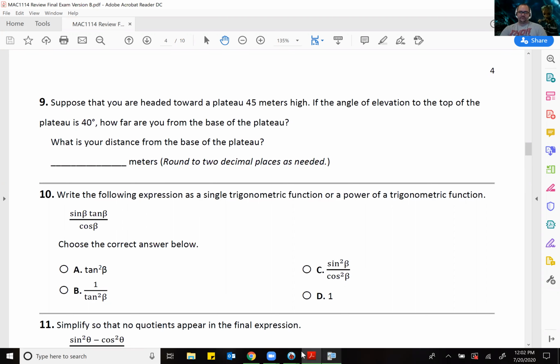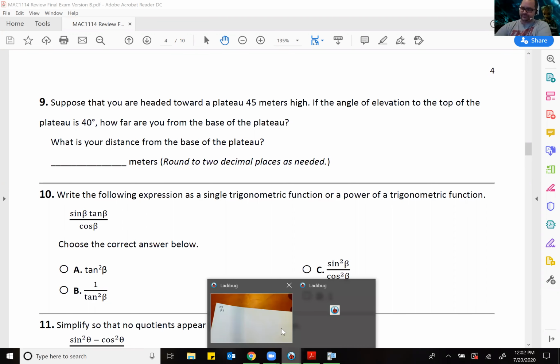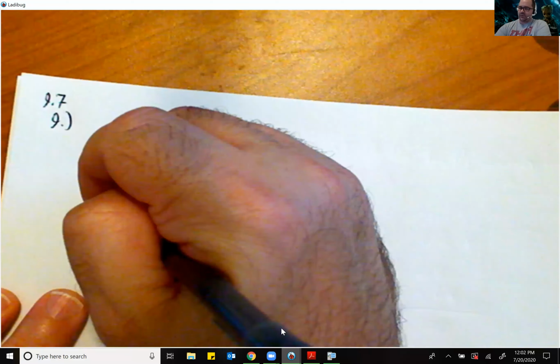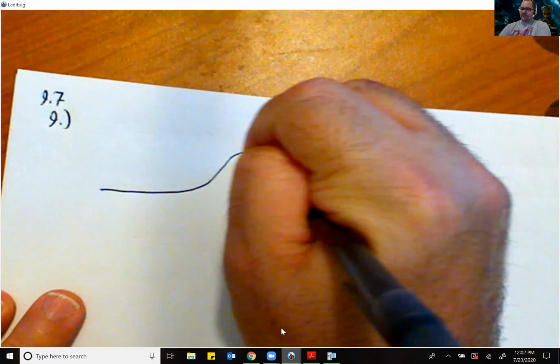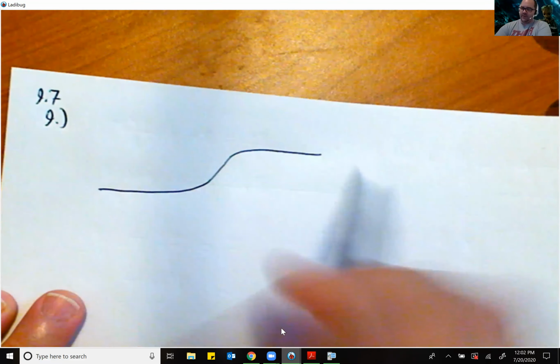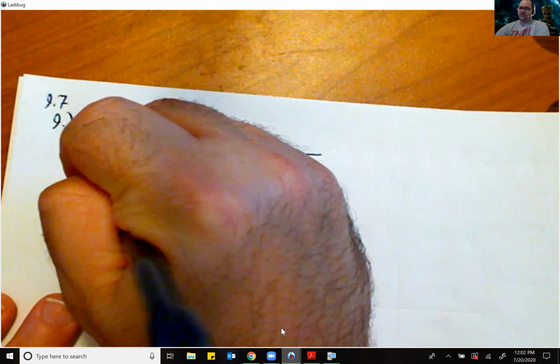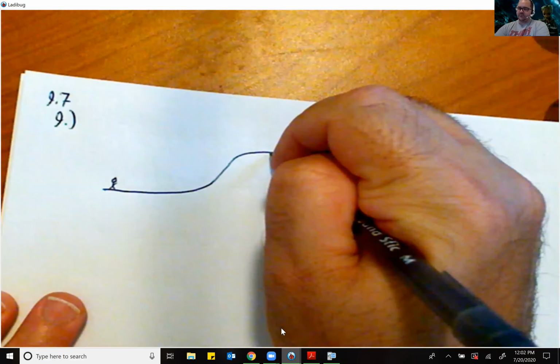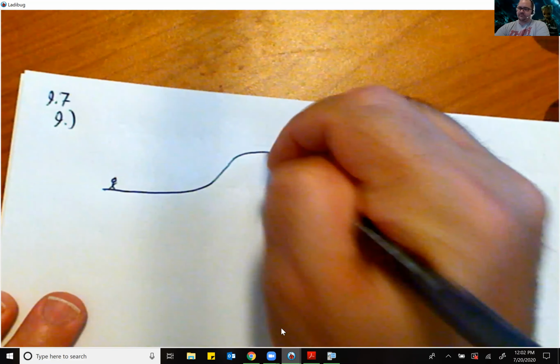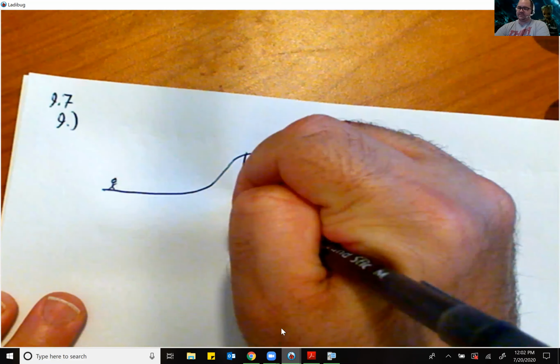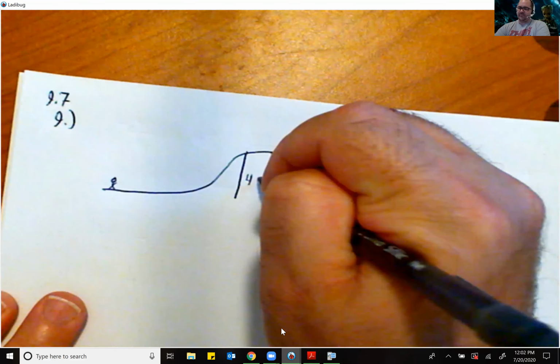Okay. So I'm going to draw a picture of this. So we're going to a plateau. Up here is the top of the plateau. Here we are down here. The plateau is 45 meters high.